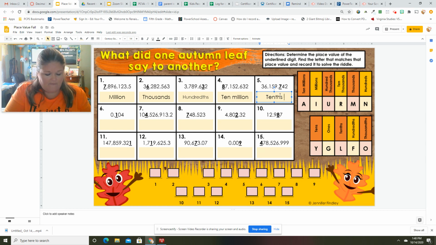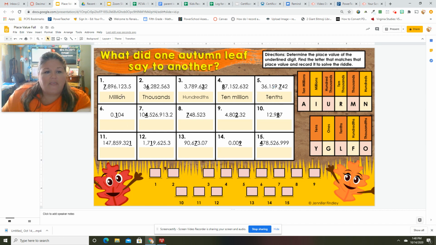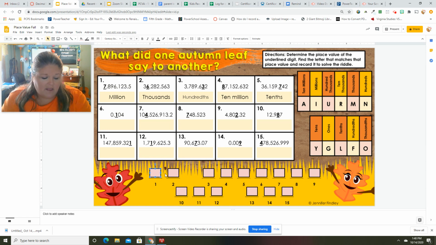After you have filled in all 15, you're going to look at it. Number 1 is a million place value. So come over here, find millions, and you're going to type an I in here. And number 2, thousands. So look over here on your chart and you've got thousands right here.